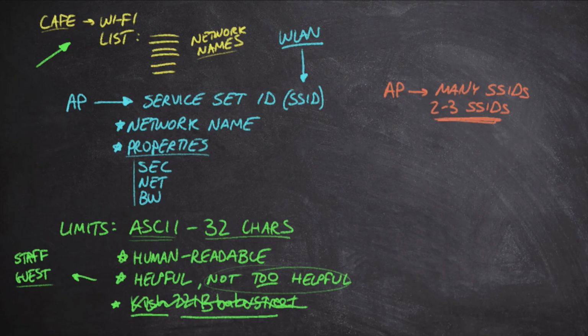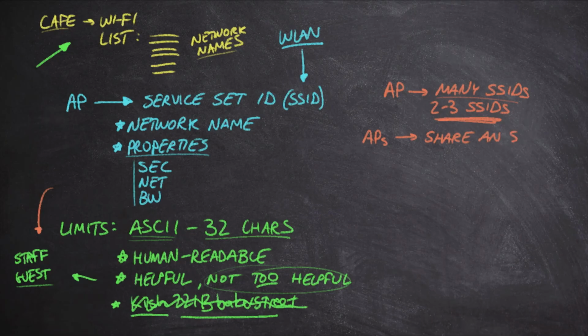But we do not want to exceed 2 or 3 if we can control it, although in some situations like this type of deal down here where we've got a staff and a guest, we're already at 2. If we need another couple, then we have no choice but to go to 3 or 4 or whatever the situation is. So one access point can have many SSIDs, and conversely, access points can share an SSID.